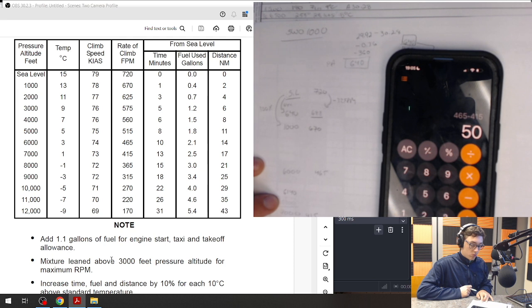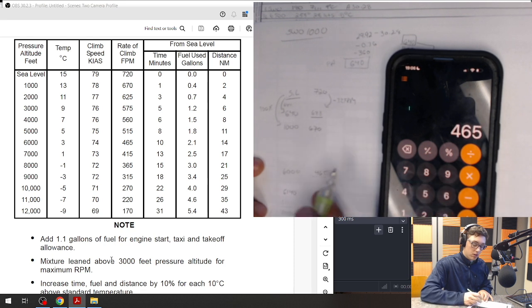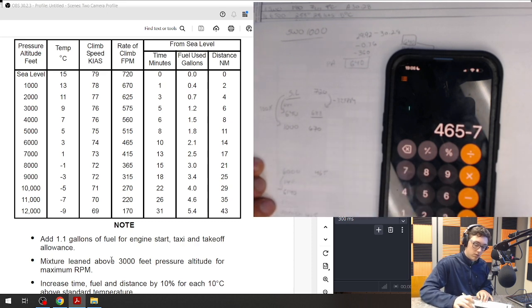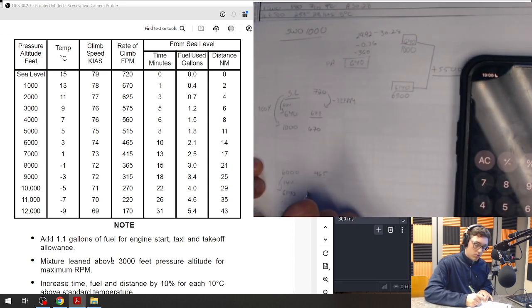So I'll be finding 14% of that. 50 times 0.14 is 7 feet. So let's do 465, my altitude from here, and it's 14% of a difference, minus 7 feet, which is 458 feet per minute.